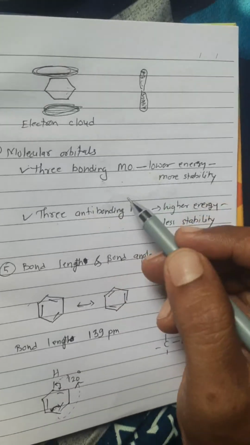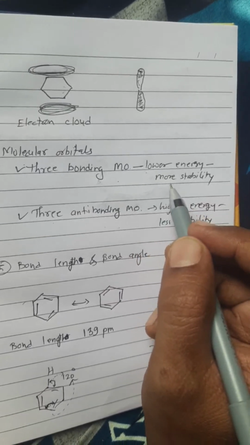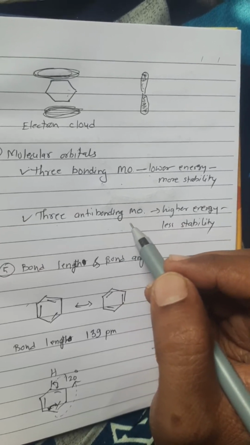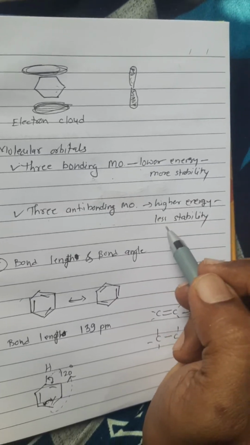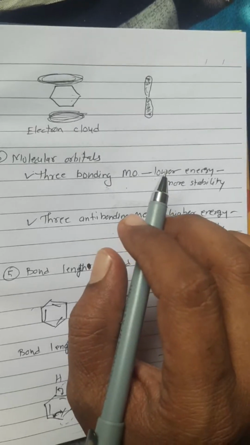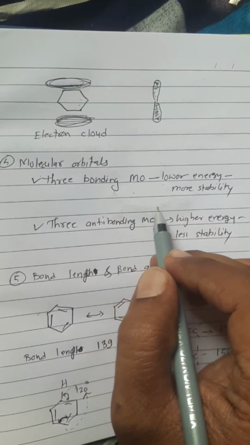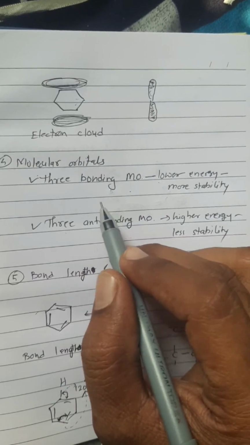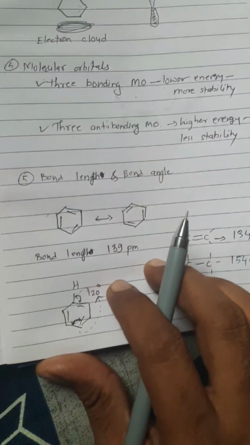The bonding orbitals of benzene are of lower energy and therefore have more stability, and the anti-bonding molecular orbitals of benzene have higher energy and therefore less stability. The benzene's 6 pi electrons are involved in the formation of bonding molecular orbitals, and therefore benzene is a stable structure.